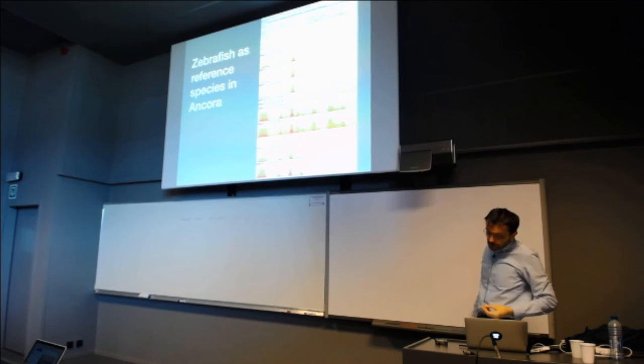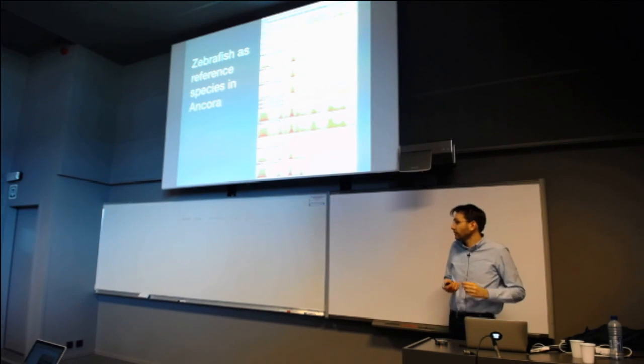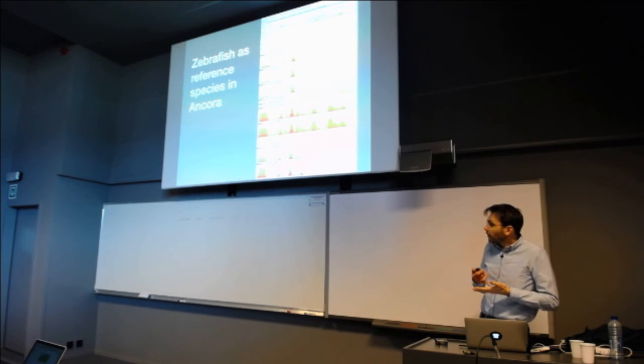This is not exactly what we currently have in ANCORA. We have been modifying our pipeline over the years, but for all the processing we need to have a standard way to document how it's done.